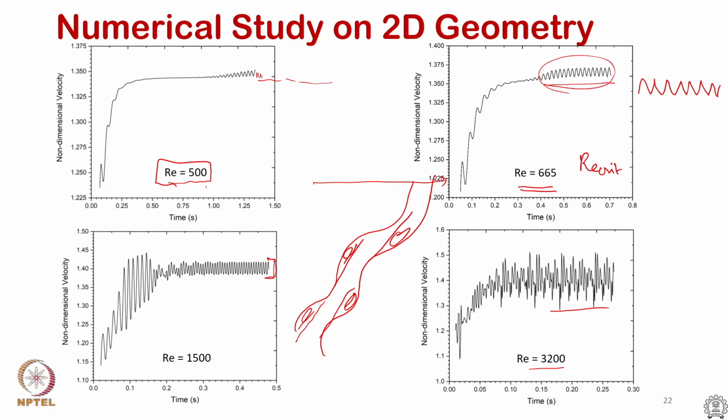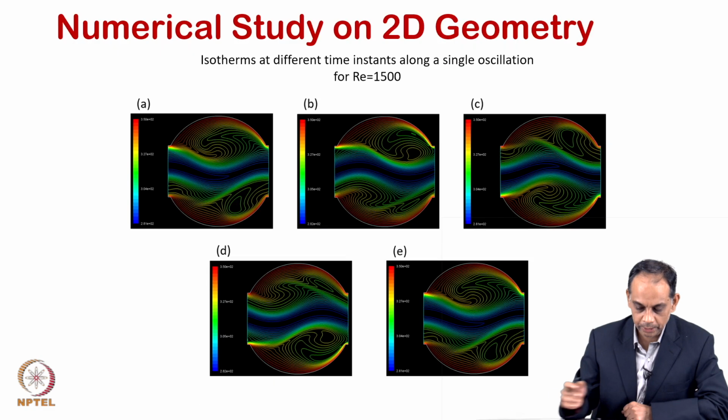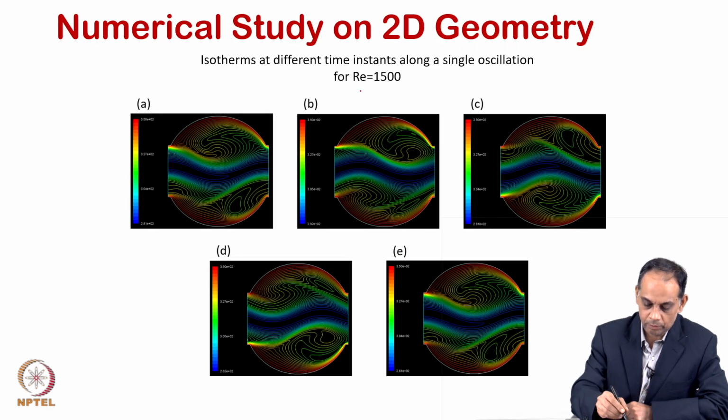So the goal of any of these shear layer instabilities is to focus on the lower Reynolds number that can give you the highest unsteady effects. And here's an instance from Reynolds number 1500.